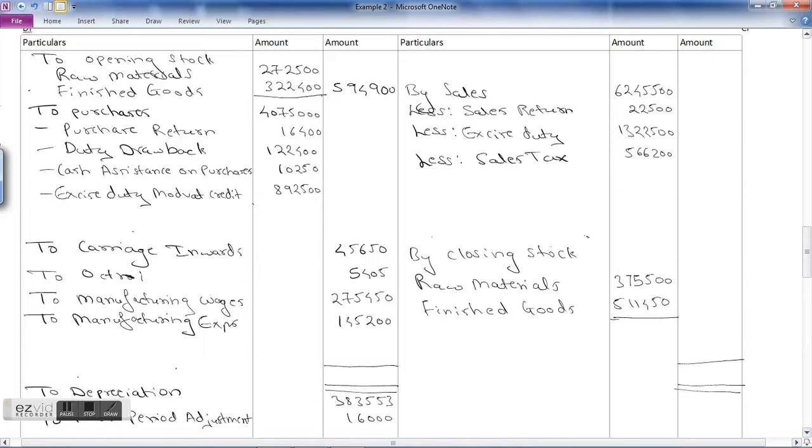Then purchases come to 33,450. Then net sales come to 43,34,300, and then closing stock comes to 8,86,950.